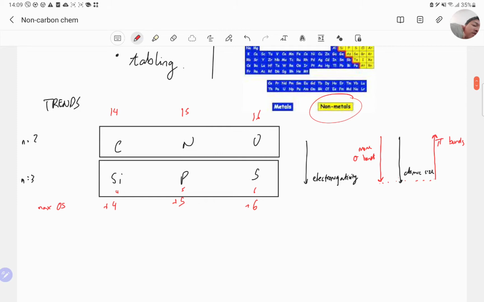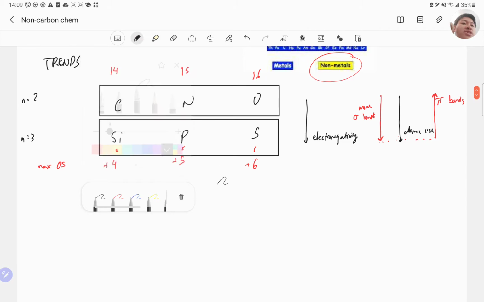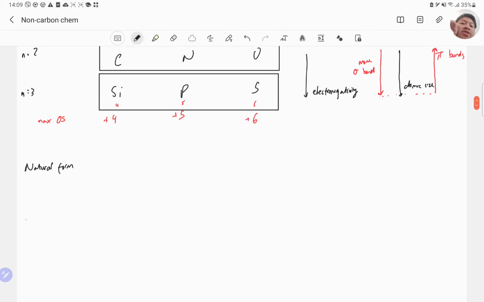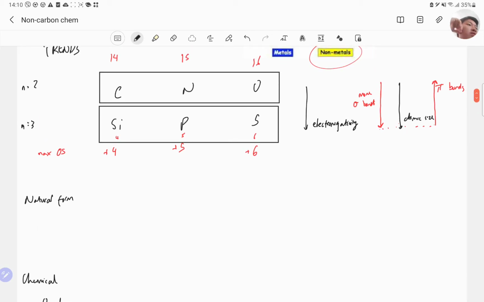Let's compare each and every one of them. Okay, what can I remember in terms of structure and reactions? I think I'm going to compare in terms of structure first, in terms of natural form, so this is probably physical, and this is probably chemical, how it reacts, and that can be in terms of oxides and hydrides.